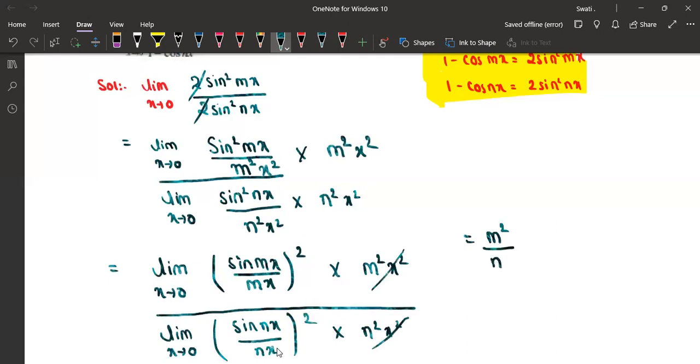Now we know the formula that limit x tends to 0 sin x upon x is 1.